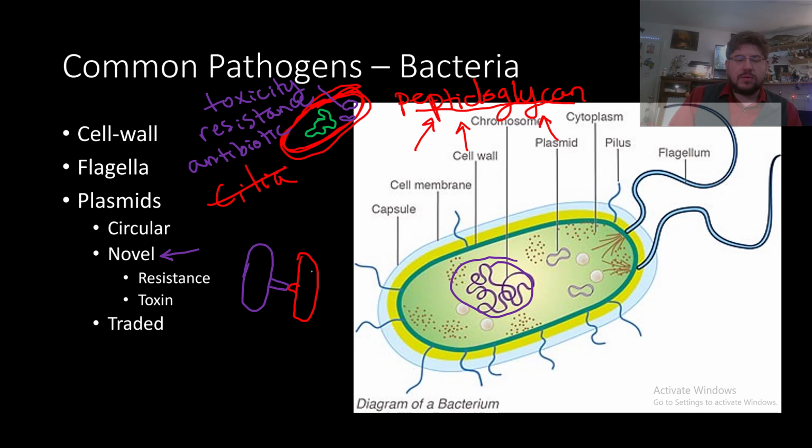So they can copy each other's plasmids and thus transfer information, trade genetic information, which is one of the ways bacteria are champions at evolutionary adaptation, because they can trade genetic information so easily, and they can trade it between unrelated strains of bacteria.